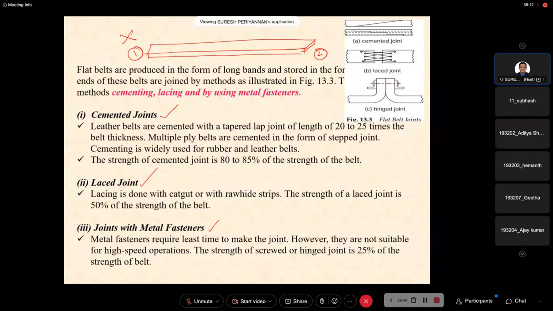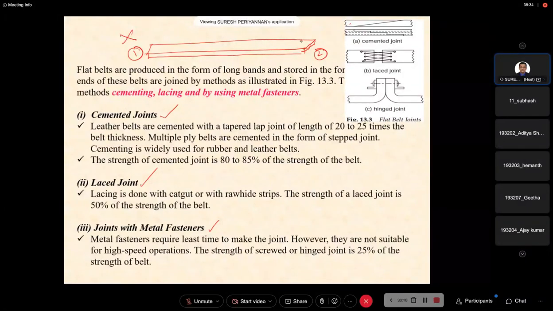the cemented joint. In the cemented joint, this end of the belt is going to be connected along the cross section, along the width of the belt, like this. The leather belt is cemented with a tapered joint of 20 to 25 mm.